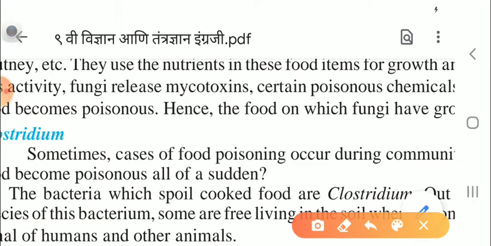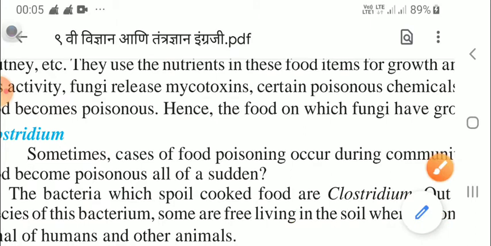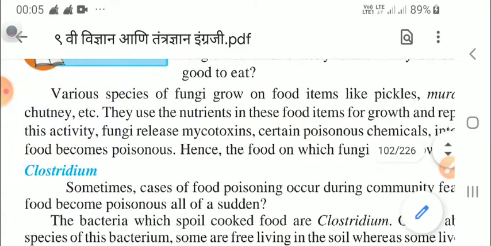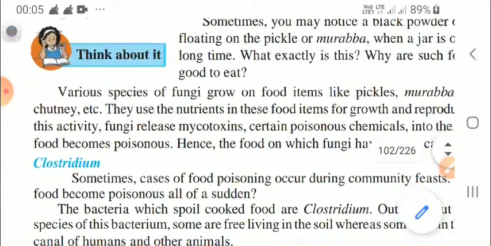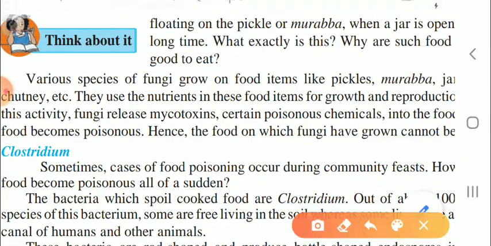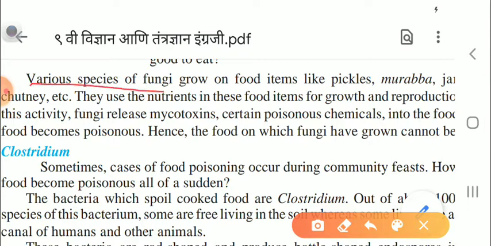Now, let me underline, children. Various species of fungi grow on pickle, murabba, chutney, etc. The nutrients of these food items are used for the growth of fungi as well as for reproduction.